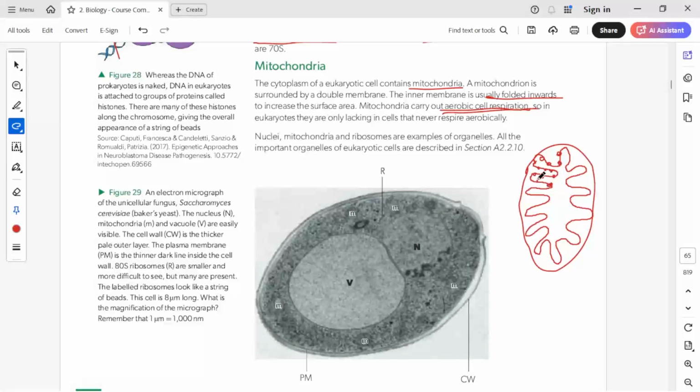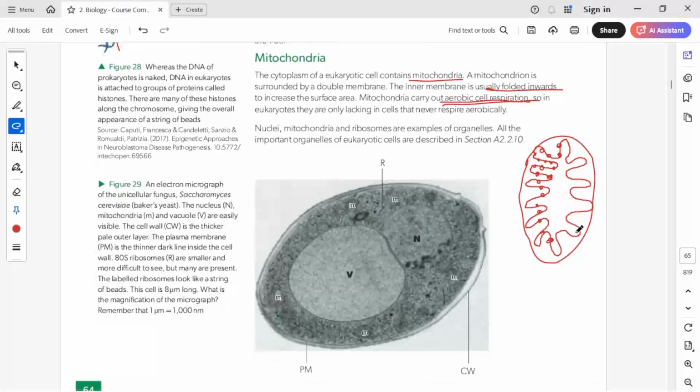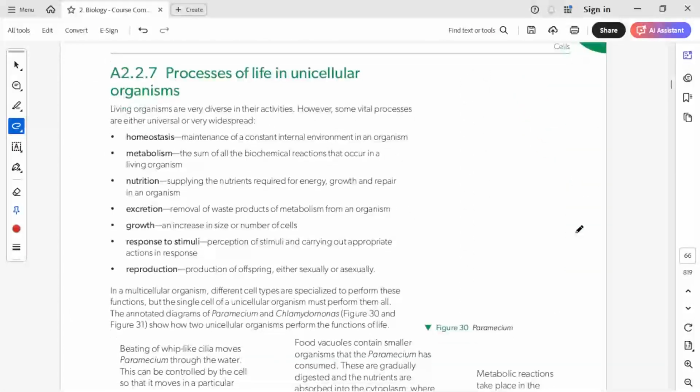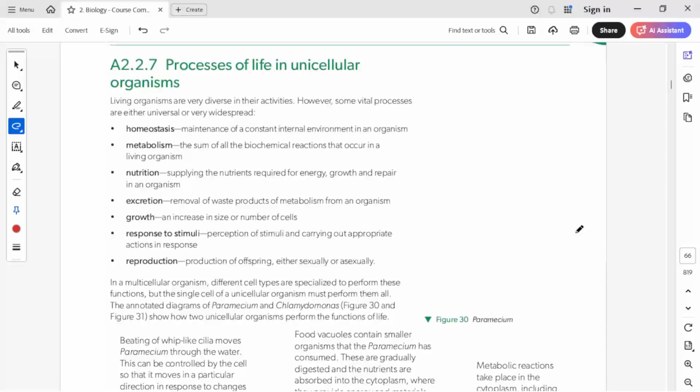This is aerobic respiration, that is respiration taking place in the presence of oxygen. Oxygen is required for aerobic respiration. That is why our cells need oxygen: aerobic respiration, that is production of energy, requires oxygen.